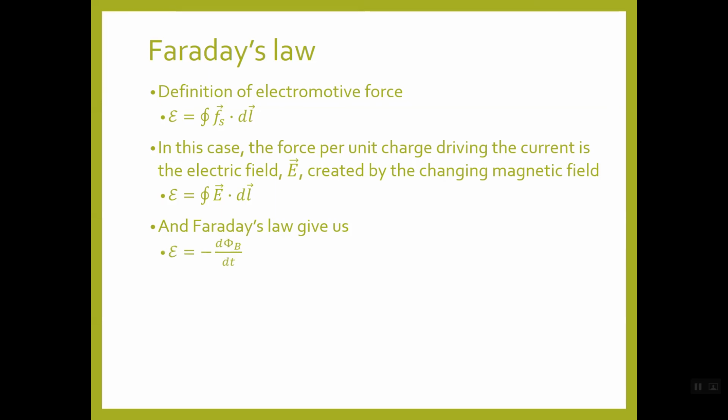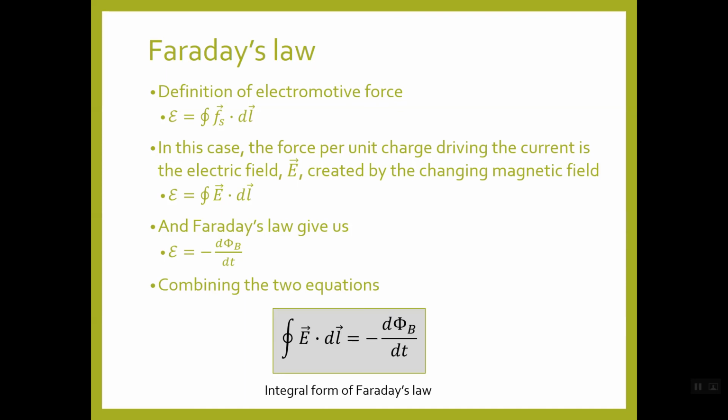And we know from Faraday's law that the induced EMF is equal to minus dΦ/dt. So we can combine those two equations to get the integral form of Faraday's law. The line integral of our electric field is equal to minus dΦ/dt. So a changing magnetic flux gives us an electric field.